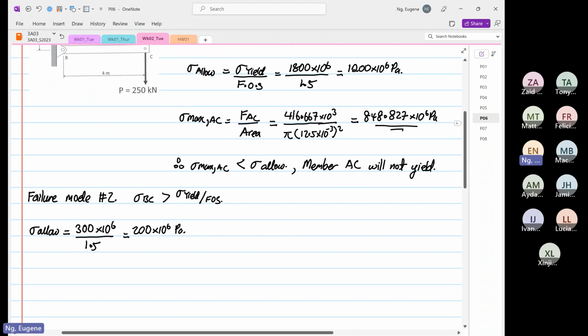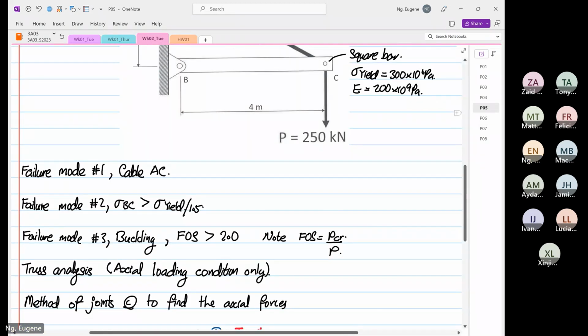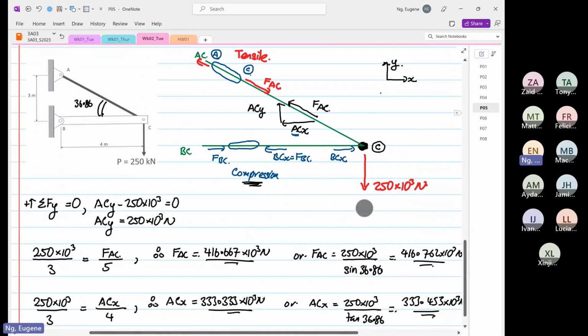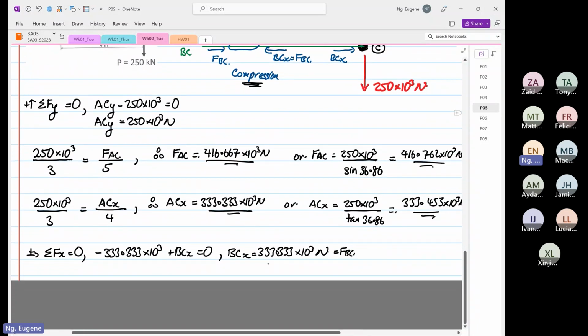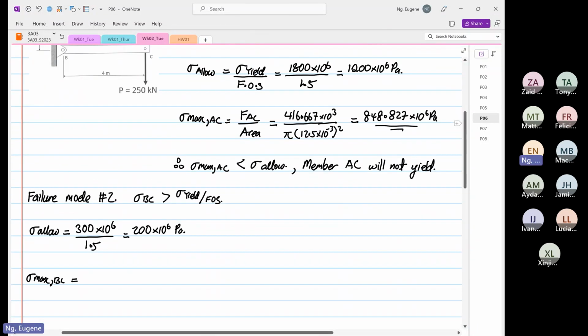So 300 times 10 to the power 6 divided by 1.5 is equal to 200 times 10 to the power 6 Pascal. So stress max of member BC. The load FBC is equal to 333.333 times 10 to the power 3 divided by the cross-sectional area.